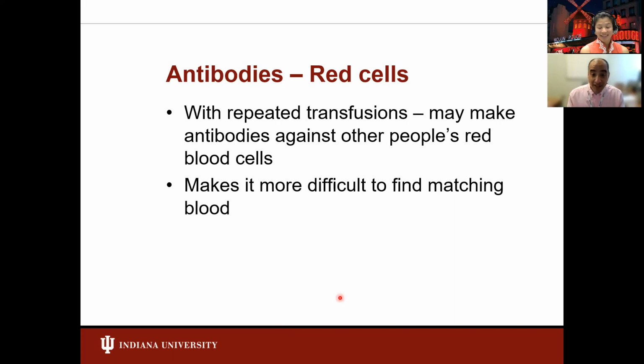So if they find somebody who has a lot of these antibodies, they get on the phone and say, hey, does anybody have blood that would match this person? And somebody will say, oh, we have a unit of this, and they can overnight it to the hospital or to the blood center, which will transfer it to the hospital so that they can get the blood. That's great.